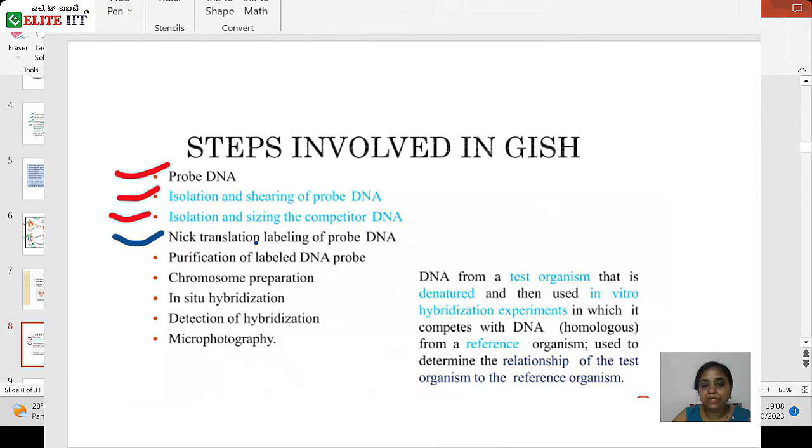You can label the probe by nick translation labeling of the probe DNA. Now purification of the labeled DNA probe. Now you have to purify the probe.